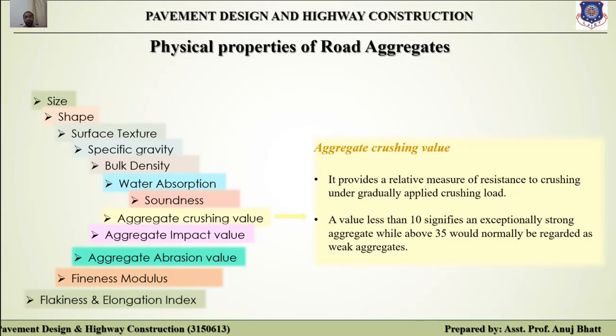So W2 upon W1, and this ratio's percentage will give the crushing value for that particular aggregate.